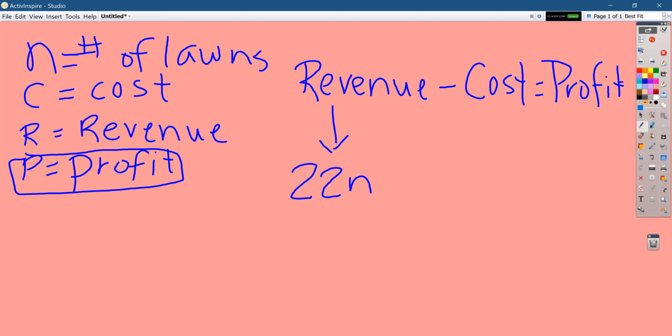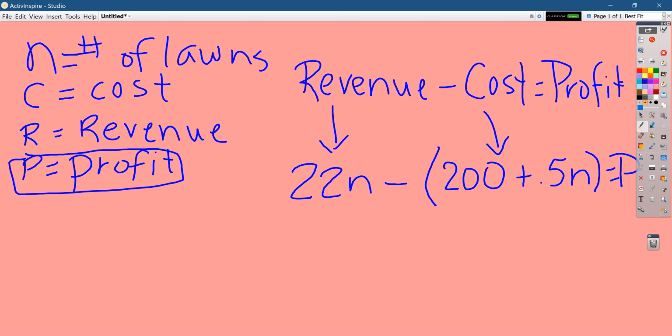Then we have to subtract from that his cost. They tell us that his cost isn't just a single thing, it's two things. That's a binomial, right? So we have to subtract the whole binomial. It's the $200 for the mower plus 50 cents per lawn. That's his cost.